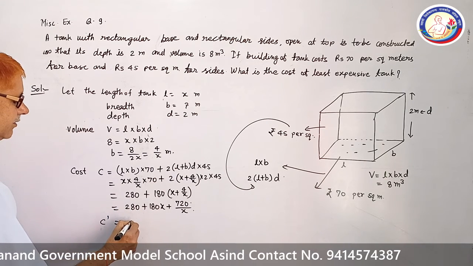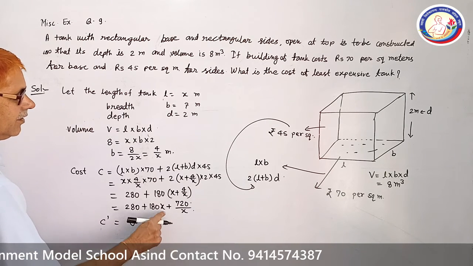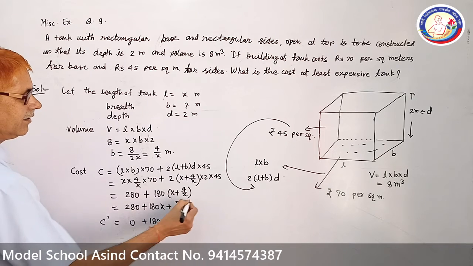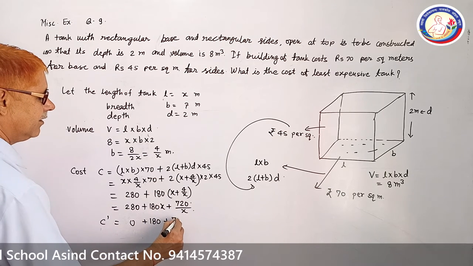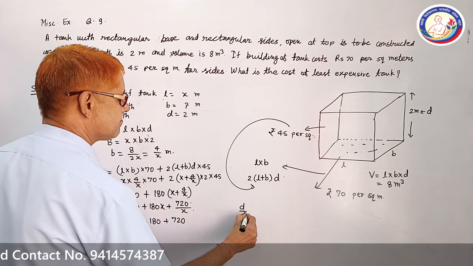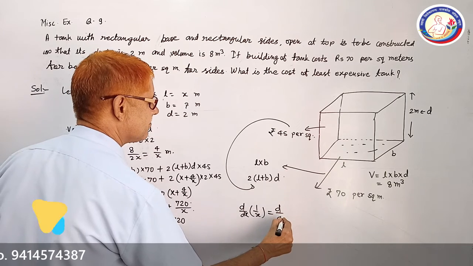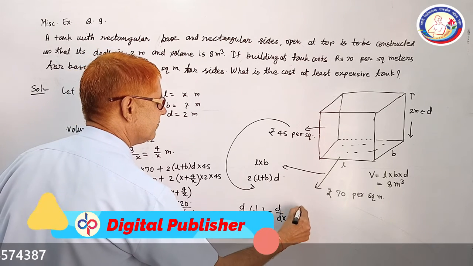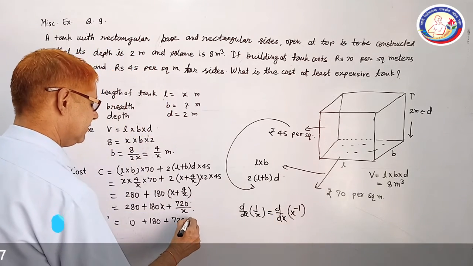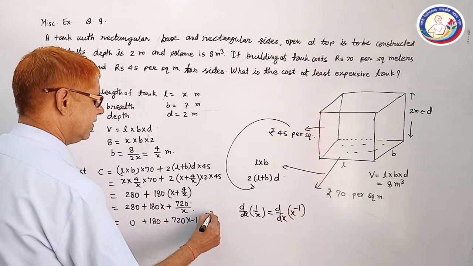Derivative of 280 is 0. 180x is 180, the derivative of x is 1. I am writing directly. And 720 is constant, and the derivative of 1 by x, that is x raised to power minus 1, is minus 1 into x raised to power minus 2.